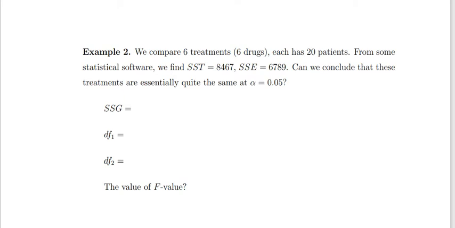So to find the F value, we need to know SSG, SSE, and their degrees of freedom, right? Sometimes we need to determine the degrees of freedom, and if the data come from raw data, those calculations for SSG and SSE are tedious.